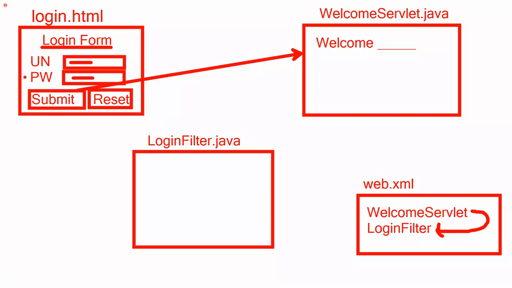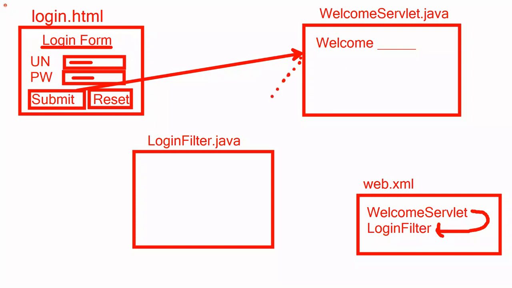What I'll do here is form action equal to the welcome servlet URL pattern. When I click on the submit button, control comes to the welcome servlet. In the XML file, whenever a request comes to the welcome servlet, divert the control to the login filter. Then the control is diverted.